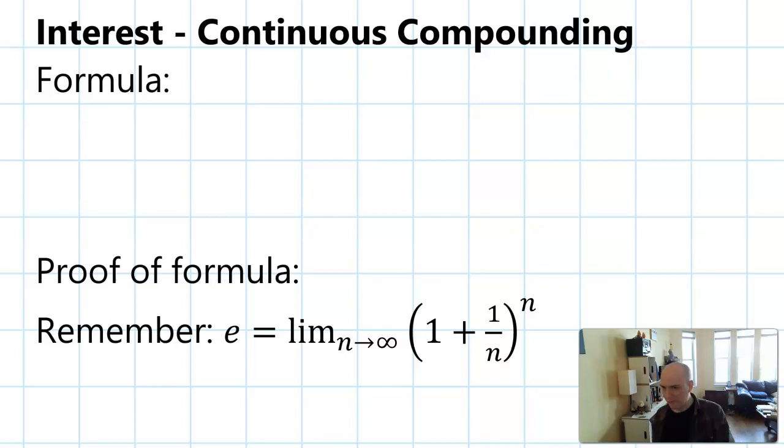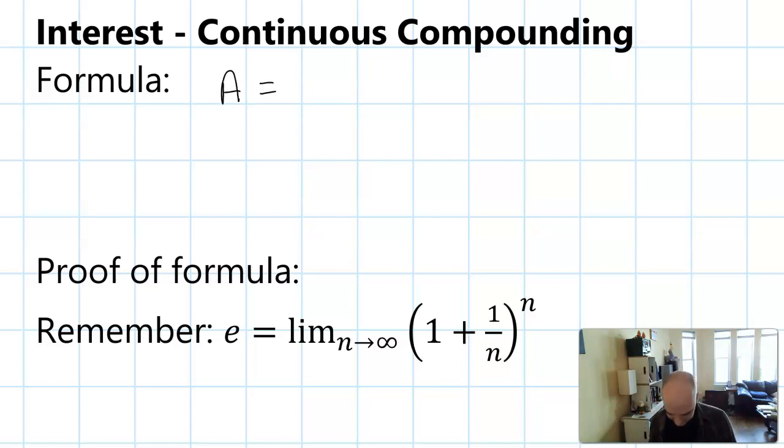Now, one formula you might see or have seen is something called continuous compounding. That is, you compute the interest or add value, not at any specific intervals like every month or every day, but actually every second, every millisecond.